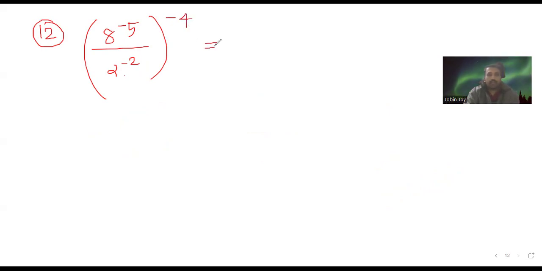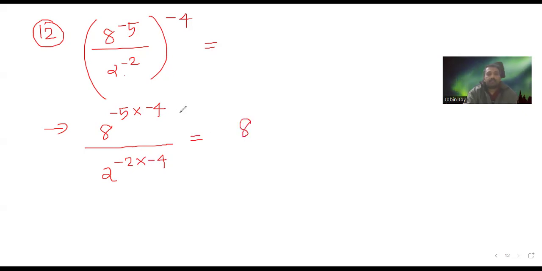Okay, what is the value of this expression? So this will be equal to 8 raised to minus 5 into minus 4, the whole divided by 2 raised to minus 2 into minus 4. So this will be equal to 8 raised to, what is 5 into 4? 20, minus into minus plus.